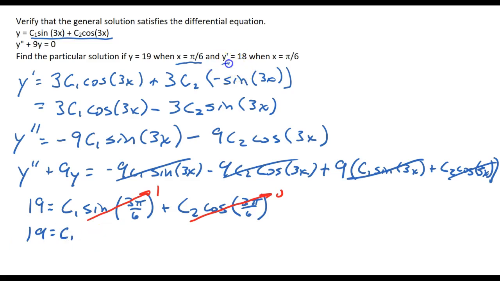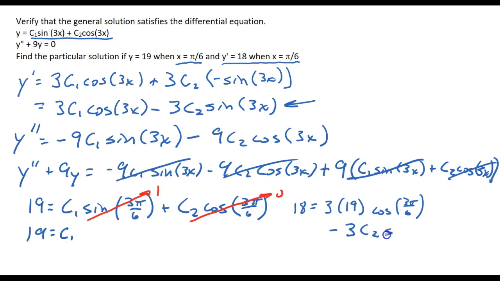Then it also says that y prime equals 18 when x equals pi over 6. So I'm going to go to my y prime equation right here, and I'm going to put in 18. And that's going to be 3 times c1, which is 19, cosine 3 pi over 6 minus 3c2 sine 3 pi over 6.